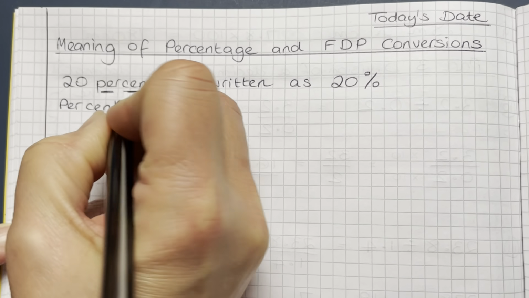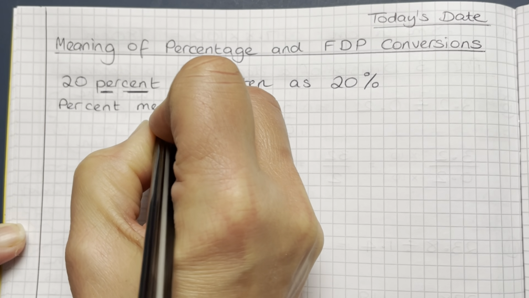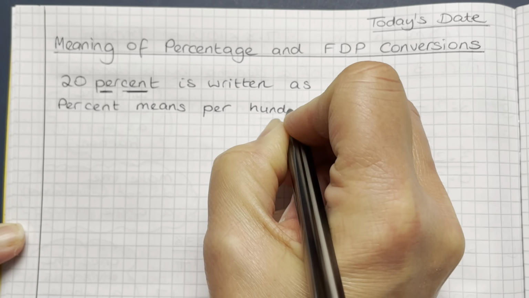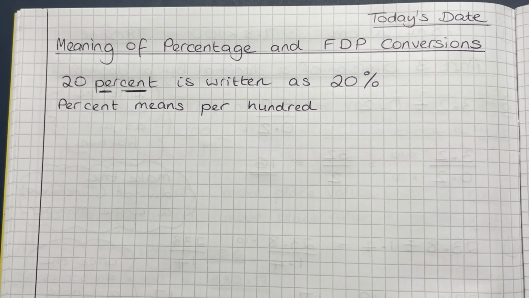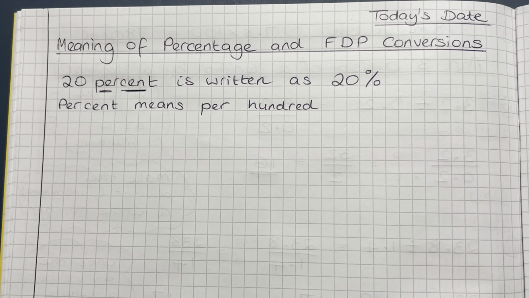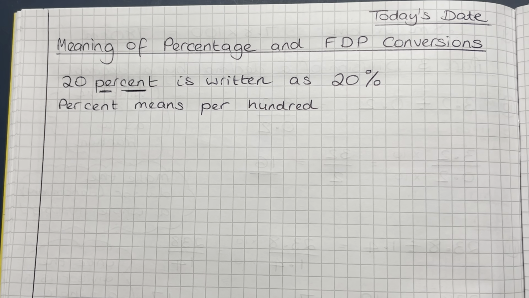Percent means per 100 or out of 100. So in a maths test, if you get 80%, you've got 80 questions correct out of a total of 100 questions, perhaps.